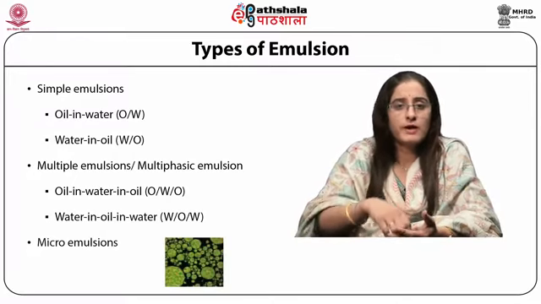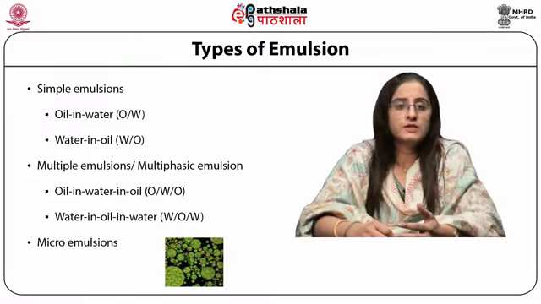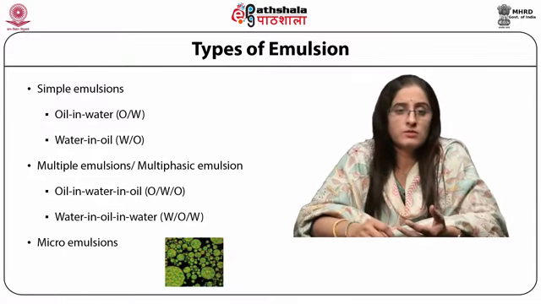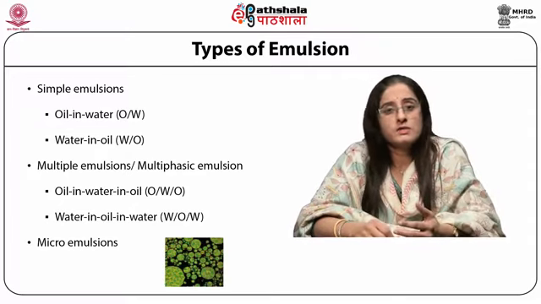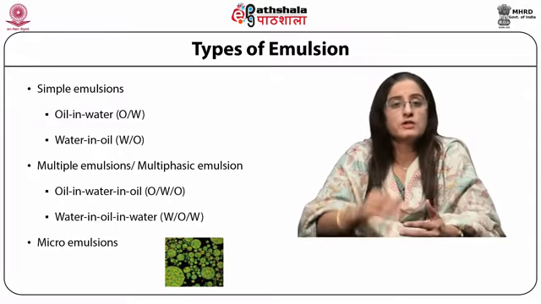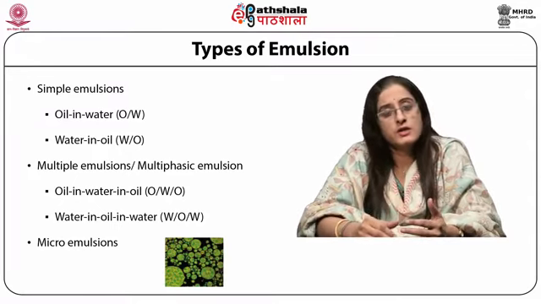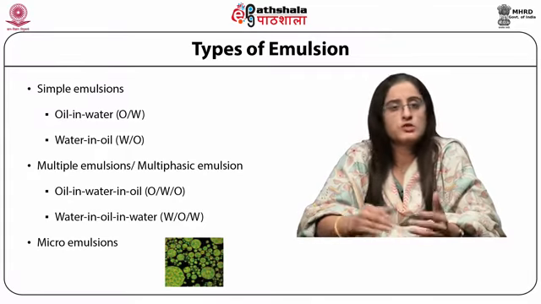The third category is the microemulsion system. Microemulsion is nowadays a very popular emulsion system because, as the definition itself says, microemulsion systems are thermodynamically stable systems in which the droplet size generally ranges from 1 nanometer to 100 nanometer.